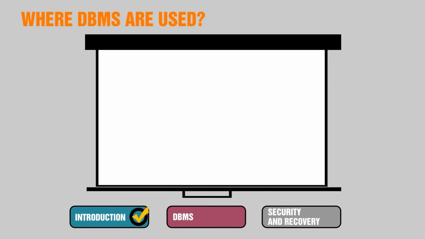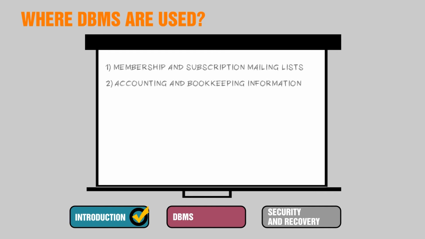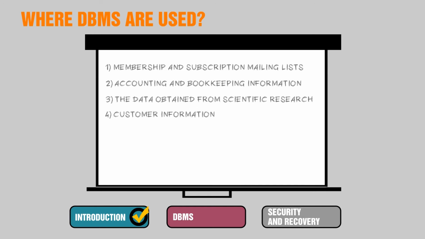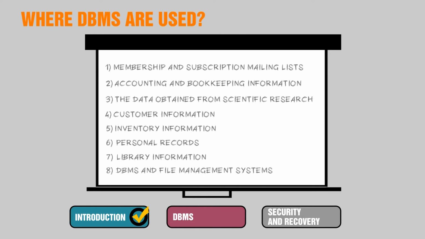Database management systems are used to manage data such as membership and subscription mailing lists, accounting and bookkeeping information, data obtained from scientific research, customer information, inventory information, personal records, and library information.